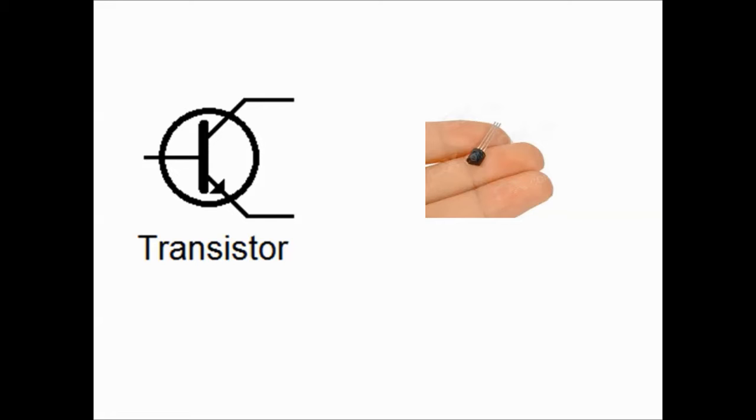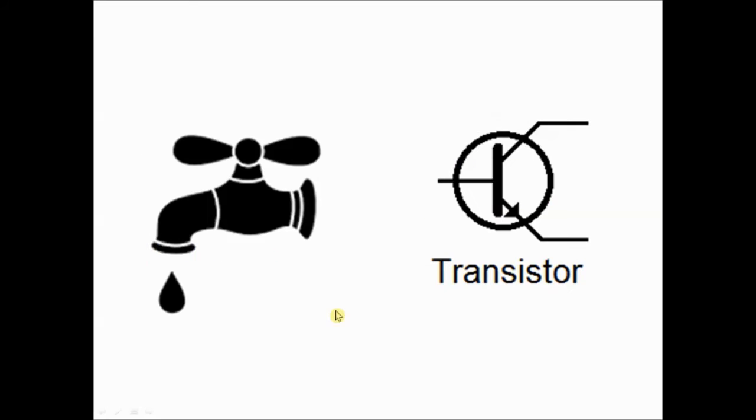There are chips, integrated circuits that you can hold in the palm of your hand that'll have literally billions of transistors on there. Now, a transistor works similar to what a faucet or a valve would do in plumbing.